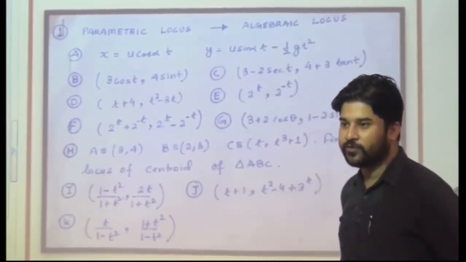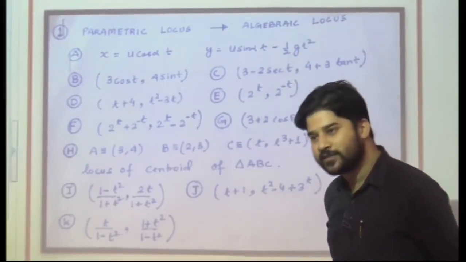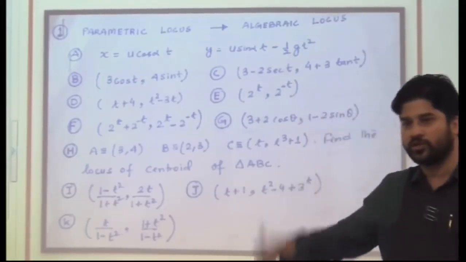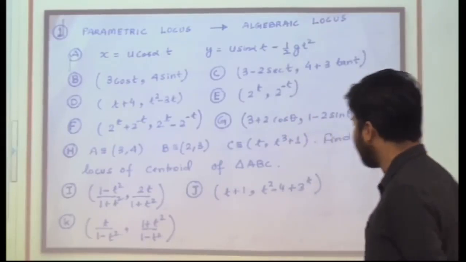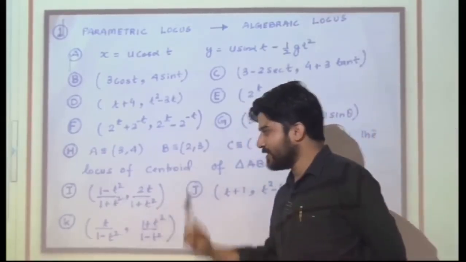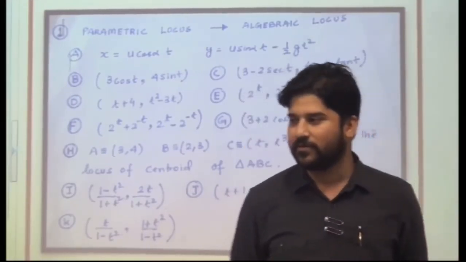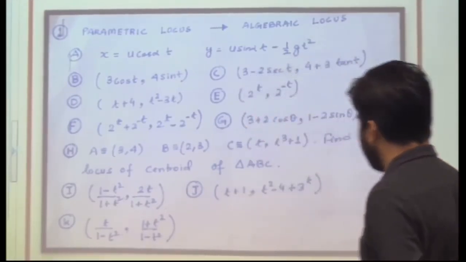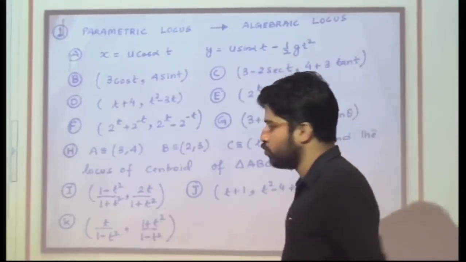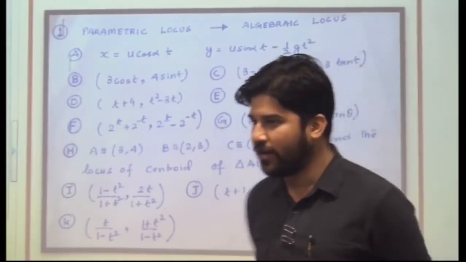If you have to repeat things, you just go to your home and re-watch the recording. You will have it, right? Now, x is this, y is this, and it's very difficult to eliminate t, right? How to handle it?